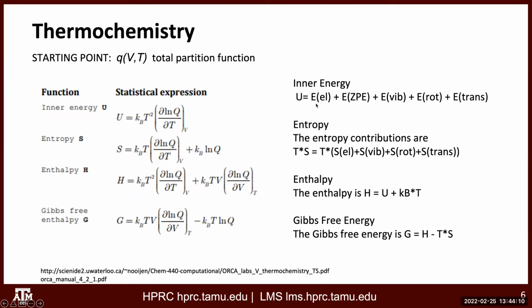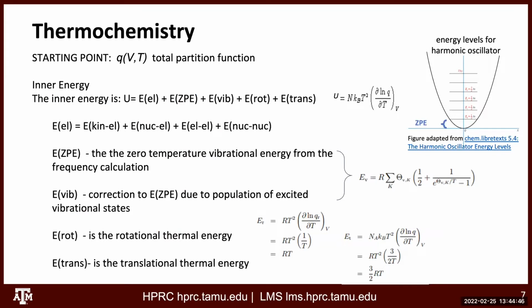The inner energy, as we have already mentioned in the morning session, or you might have learned previously from statistical mechanics, is just a summation of all these terms, and then we get the entropy from these terms, and the enthalpy, and finally the Gibbs free energy. For Gibbs free energy, you don't get a potential energy surface. Most of the time, we just call it an energy profile.